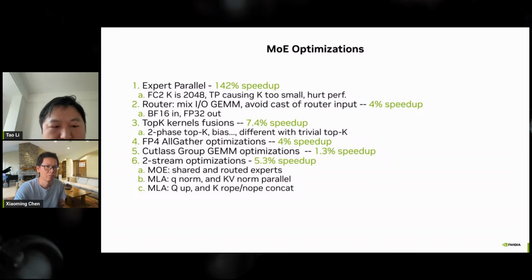In the attention part, there are two places now. Q norm and KV norm can run in parallel, and also the Q up projection and the K rope node partition concat operation can be run in parallel.